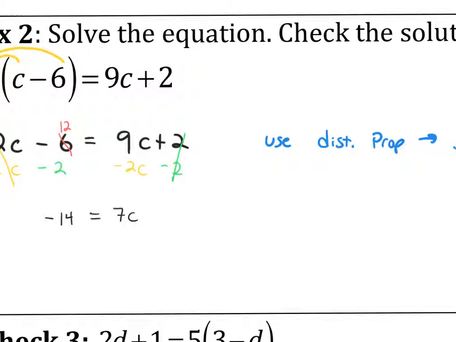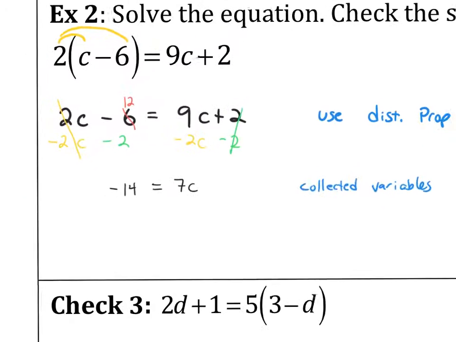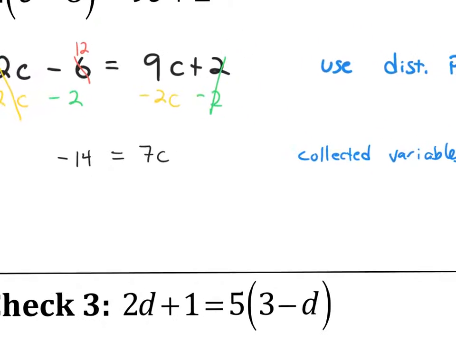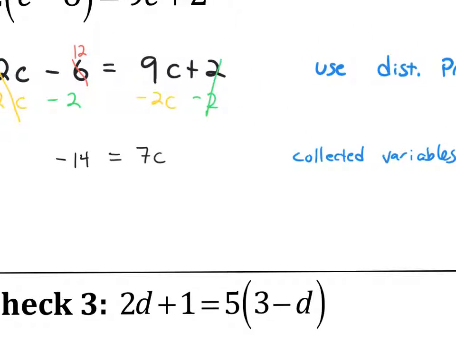So what did I do here? I collected the variables. And lastly, I'm going to divide both sides by 7 to isolate the variable. I get a -2, and I get a c right here. Isolate the variable.